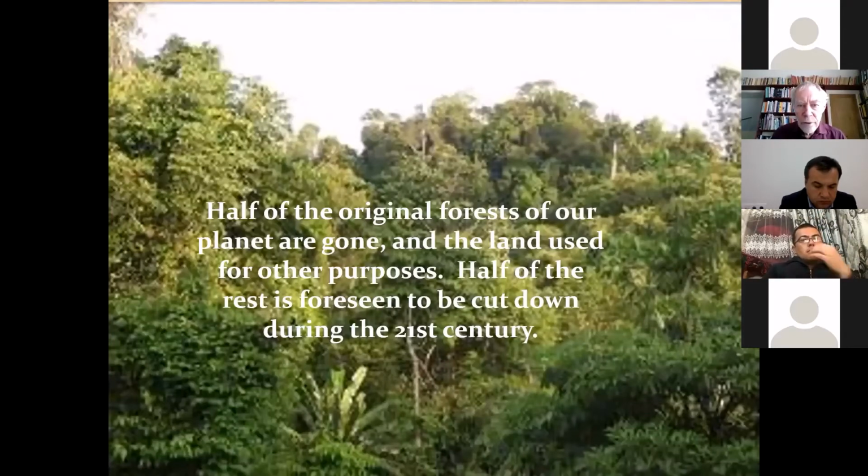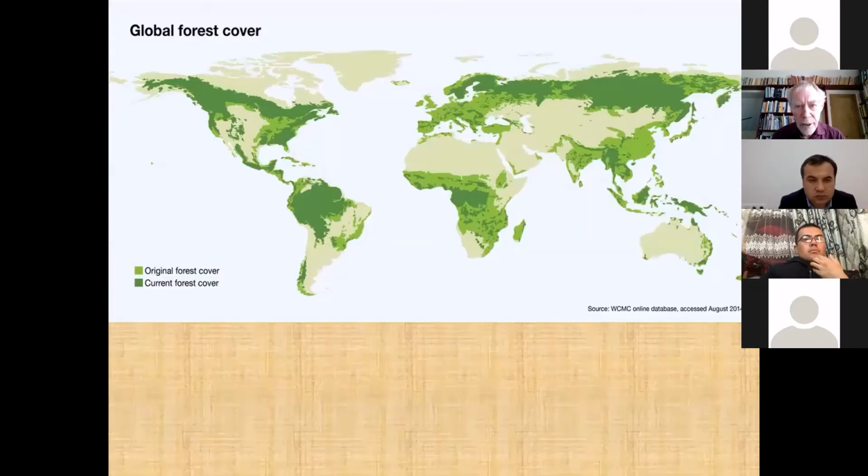But the original forest of the planet, very much of it is gone. About half of it actually doesn't exist any longer. Here you can see the dark green areas are forest today, and the light green areas are forests that were there originally before deforestation by humans.